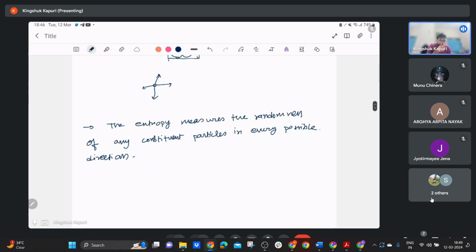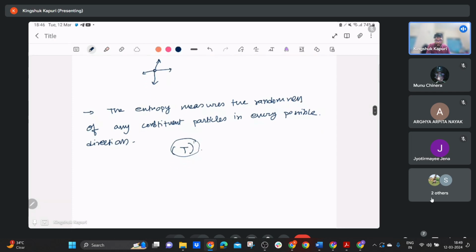And this possible movement in each and every direction is caused by an external or internal factor, which is T, temperature. If we increase the temperature, the randomness will increase. That is, the atoms will start jumping or moving from one place to another.